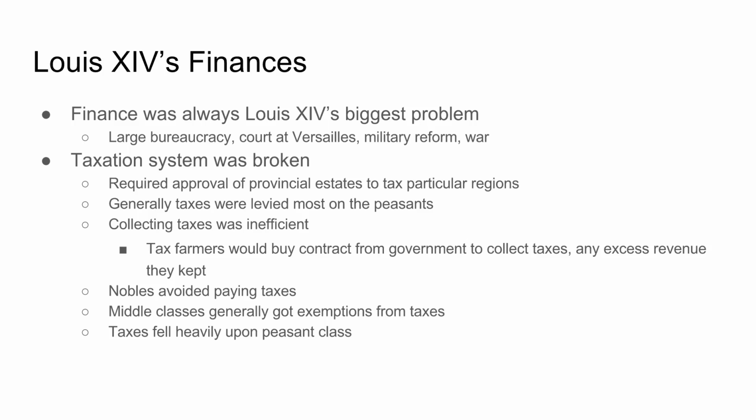On top of this, the taxation system in France was very broken. In order to set a tax in a particular region, it required that that region's estates, which were essentially their Senate, Parliament, whatever you want to call it, their legislative body, would have to vote to approve that tax on that particular region. Now, if you were from that region, and the king came to you and said, hey, we want to raise taxes on your region, you are going to vote no every single time.